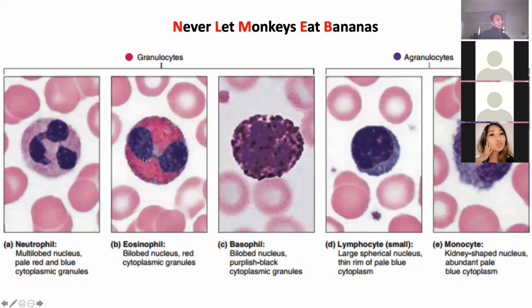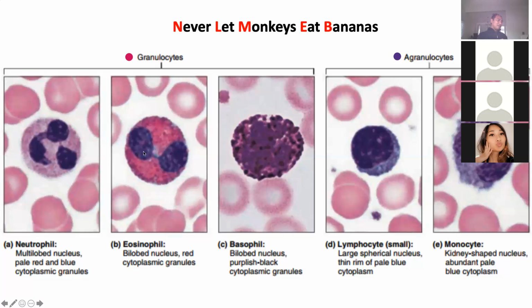Look at ET, eosinophil. This is what I say, ET. You will see two big nucleus lobes connected by a little bridge, like wearing a sunglass. Any of you guys wear sunglasses? If you wear sunglasses, you might look like that.